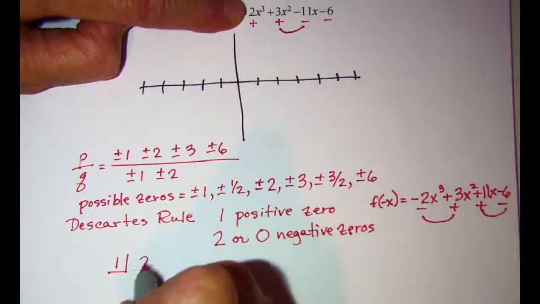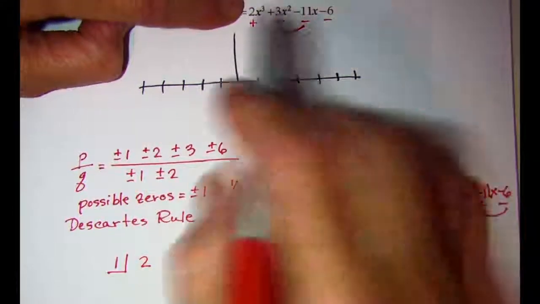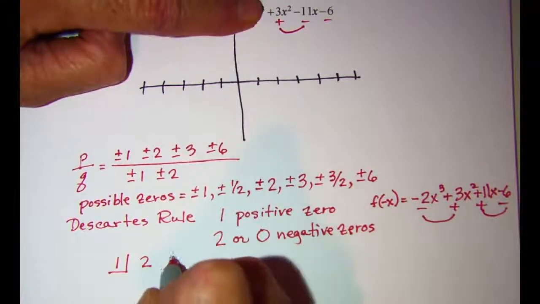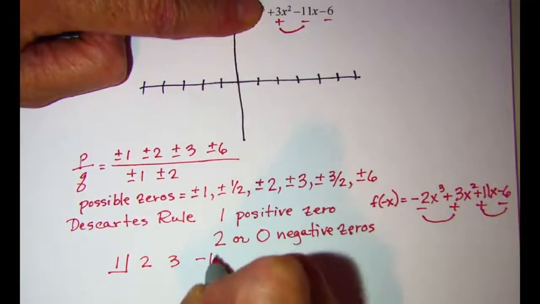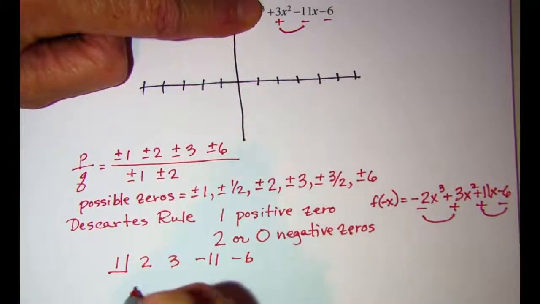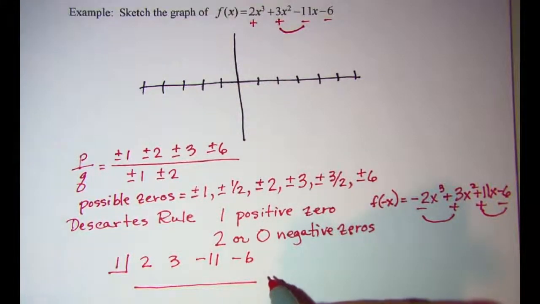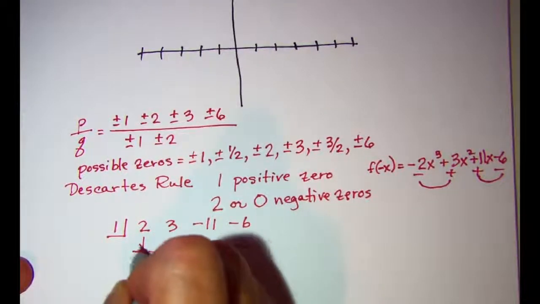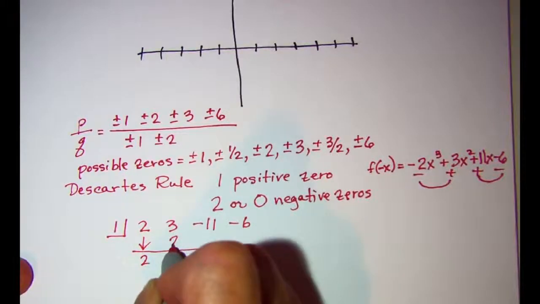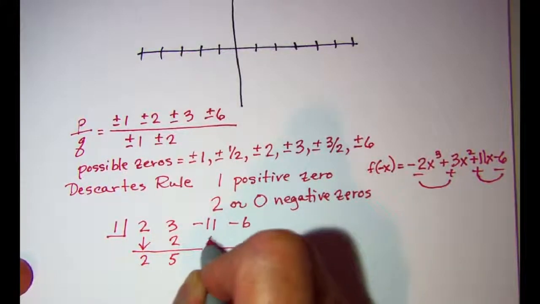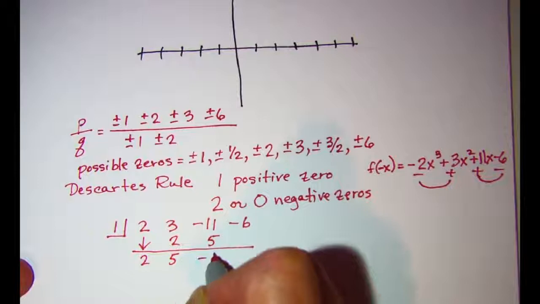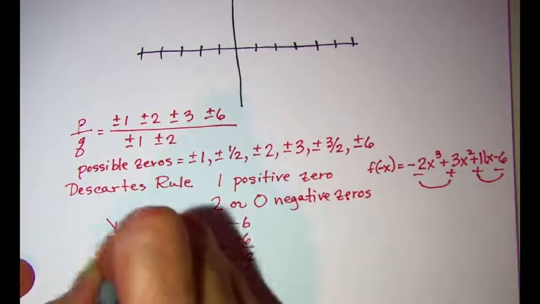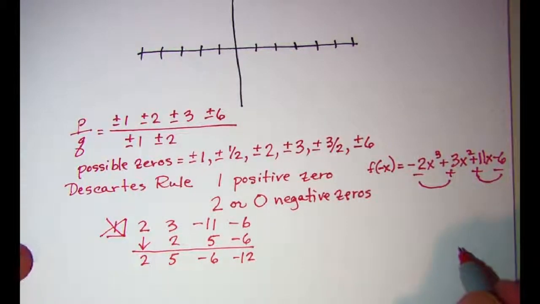I'm not missing any terms, so 2, 3, negative 11, and negative 6. Bring down my first term, so 2, 2, 5, 5, negative 6, negative 6, negative 12. So 1 is not a 0.